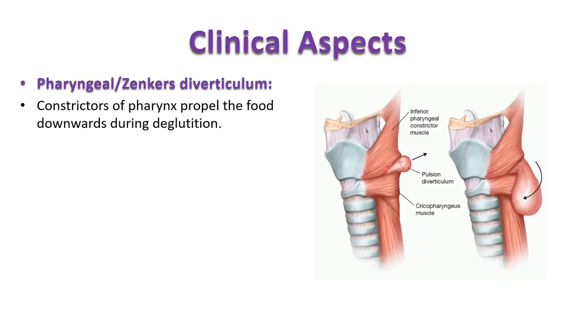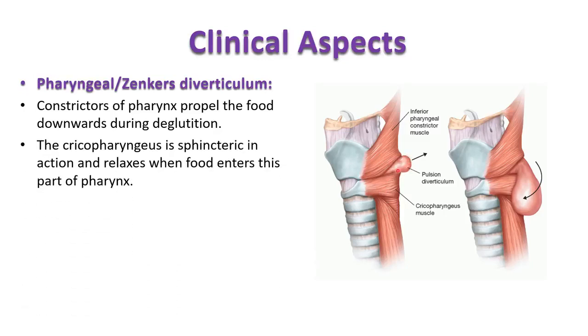If there is a neuromuscular incoordination, then both thyropharyngeus and cricopharyngeus contract. So naturally, the bolus does not gain entry into the esophagus. Then it will protrude backwards through the only weak area of the pharynx, Killian's area. It forms a diverticulum, which is called Zenker's diverticulum.